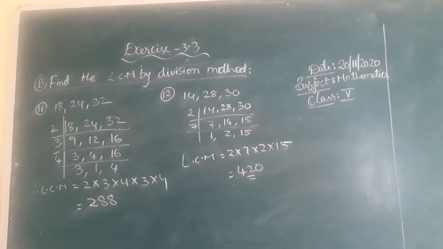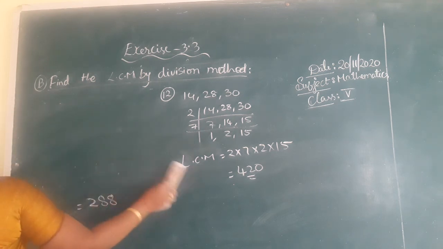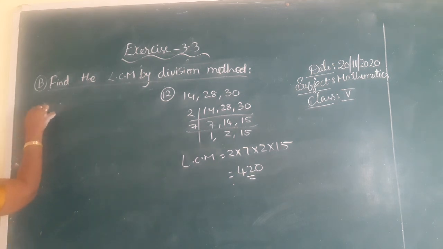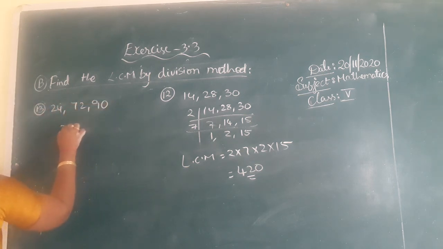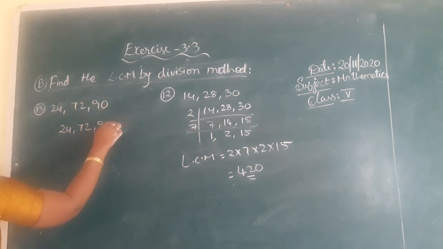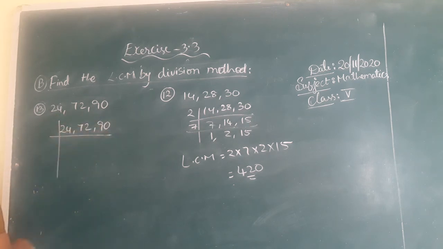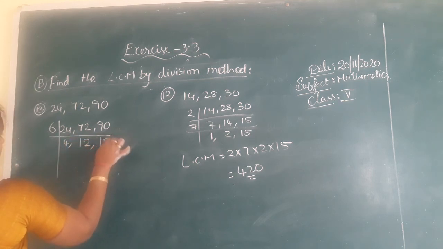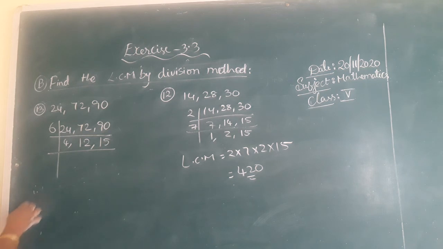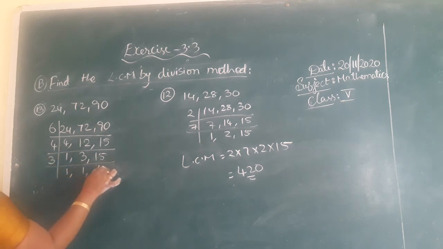13th one, 24, 72, 90. See the 6 table, 6 4s 24, 6 12s are 72, 6 15s are 90. 4, 12 and 15. 4 table, 4 1s, 4 3s, and as usual 15. 3 and 15 are divisible in the 3 table, 3 1s, 3 5s.